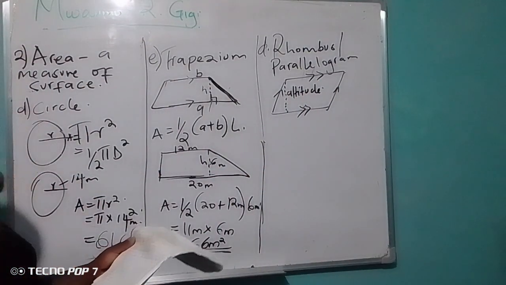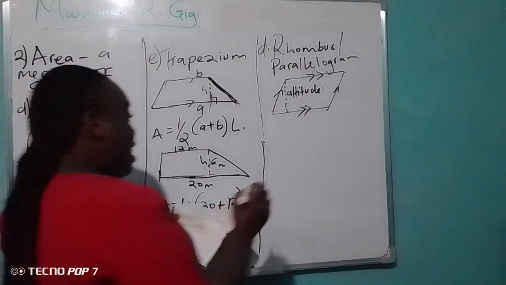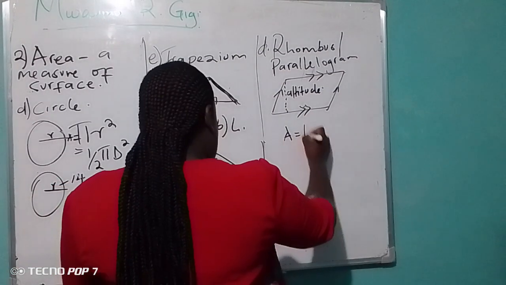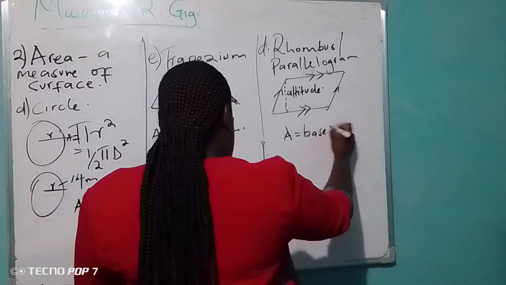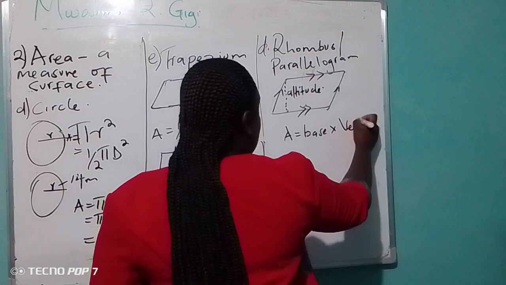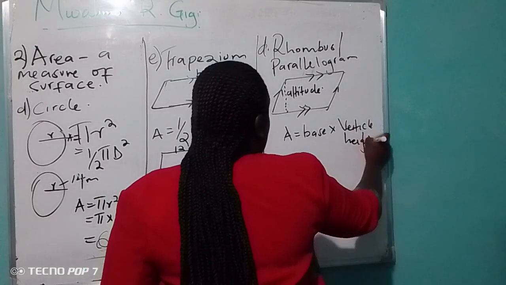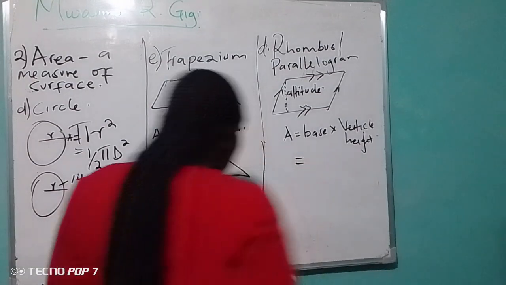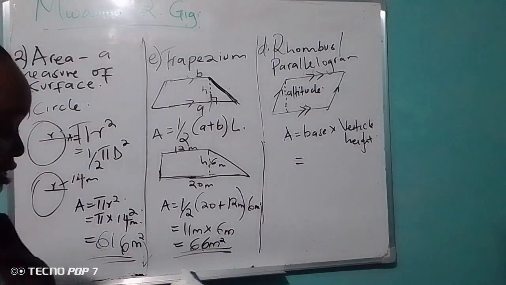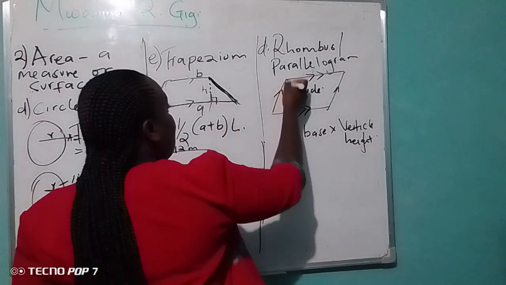We introduce that height. So area is equals to base times the vertical height. Only the vertical height, which is this one.